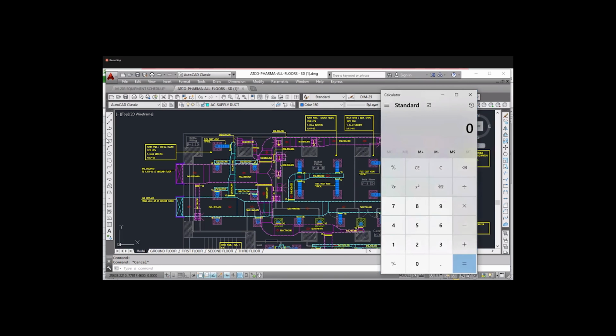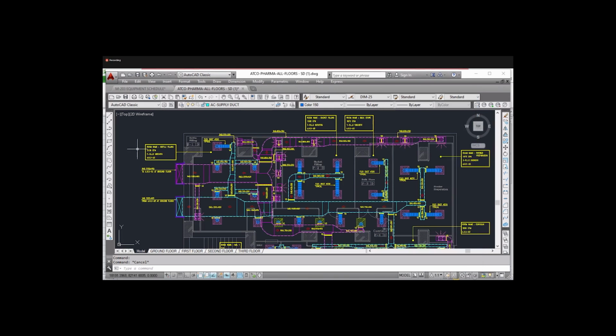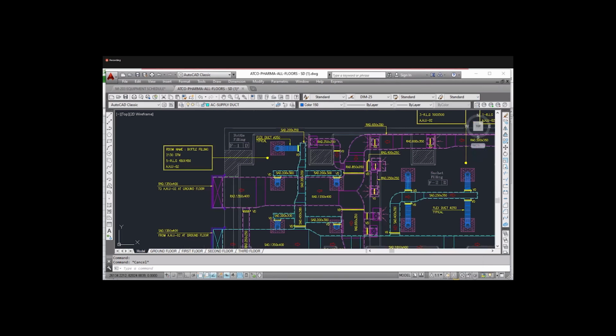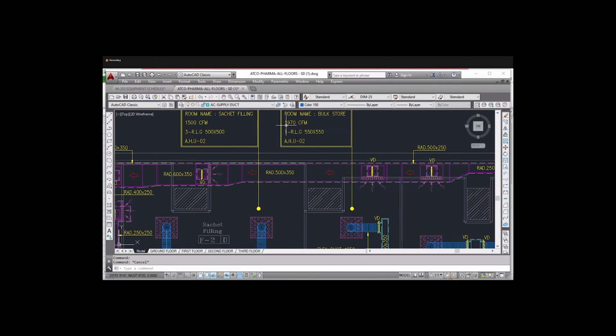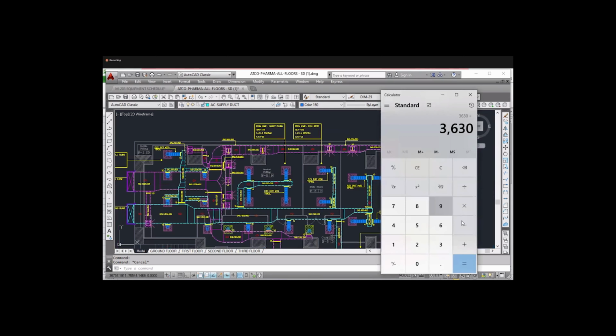Okay. So what is our total CFM here? 2130 plus 1500 plus 1970. Plus 1970 and this room also.